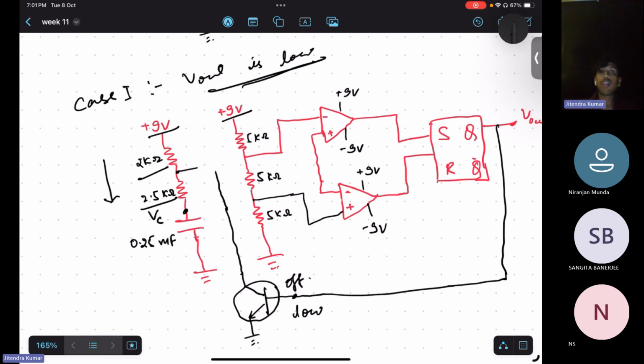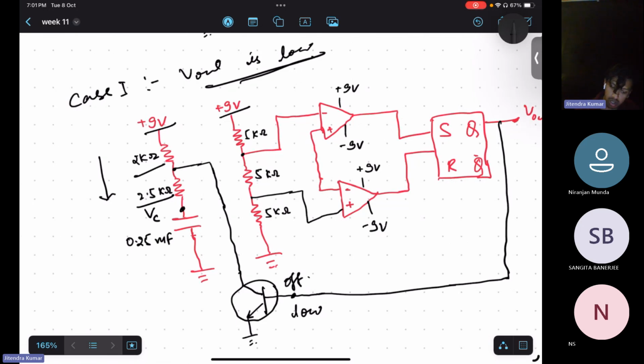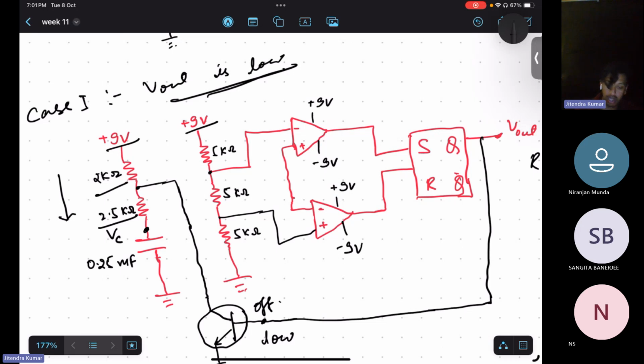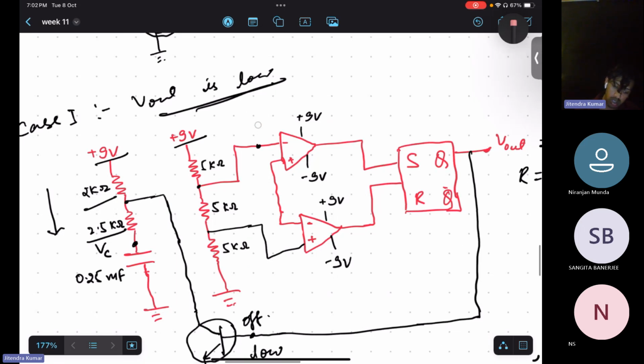Once it goes above the limit, that limit is decided by the comparators. See, this limit is 2 VC. The negative terminal will be 9 into 10 divided by 15, so 6 volt.